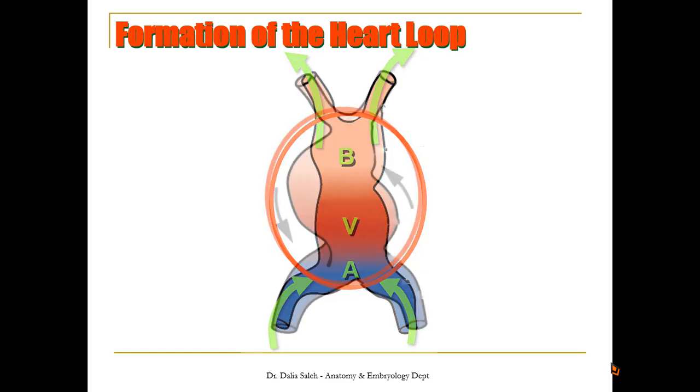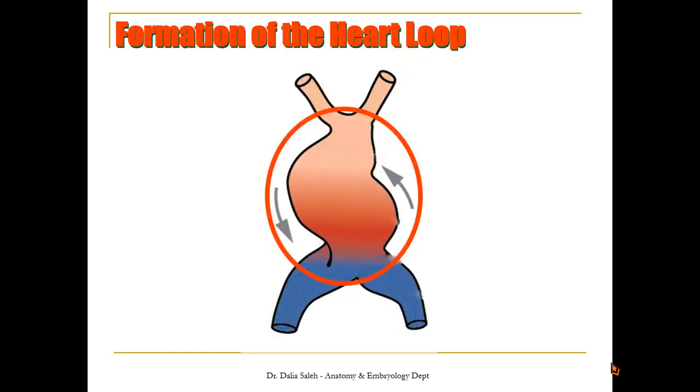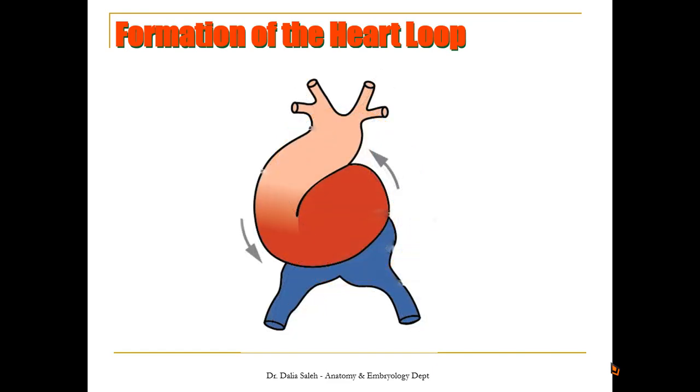During development, the heart tube elongates, so the heart tube is forced to bend upon itself. So the heart loop now looks like the letter S with a left limb, a right limb, and a horizontal part connecting them together. The right limb is formed by the Truncus Arteriosus and bulbus cordis.